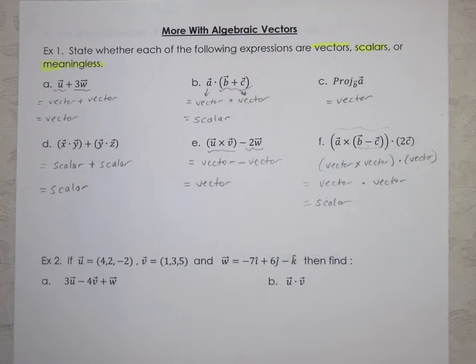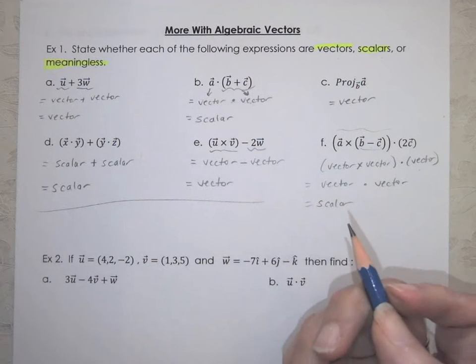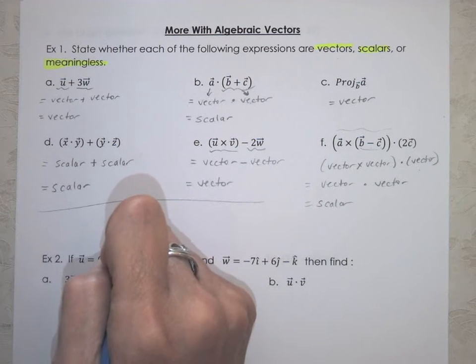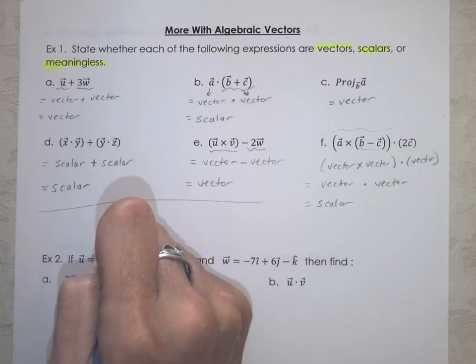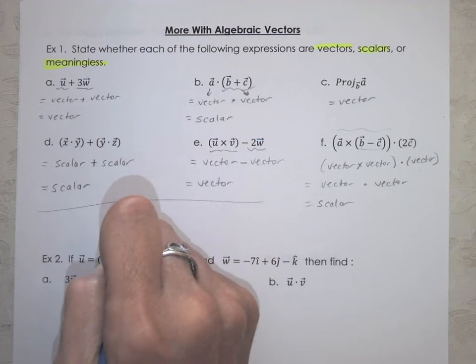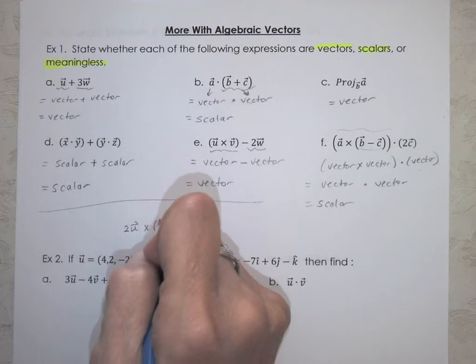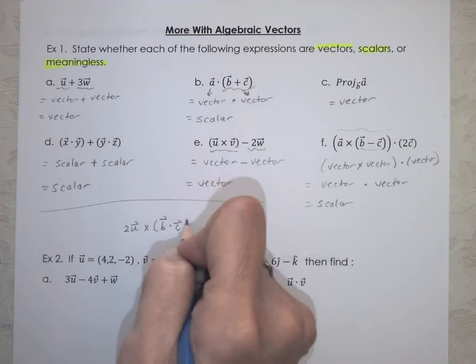So that's how you would go about determining whether an expression resulted in a vector, a scalar, or meaningless. Meaningless would be something like, for instance, let's say 2 vector u crossed with vector b dot c.